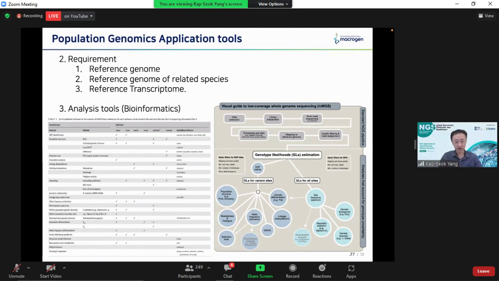And you are going to use a lot of different bioinformatics analyses, which are expanding. They are coming up with many new and more efficient pipelines these days because LC-WGS is getting more and more popular.